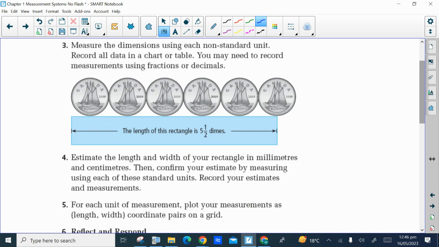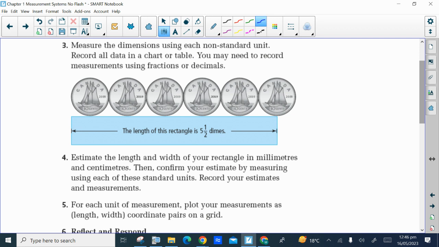We mentioned briefly something known as a referent. A referent is where you have an object that you know the dimension of, and then you can use that to estimate what another object's dimension is. For this case, you could use the width of a dime. A dime, I think, is about a half an inch wide.